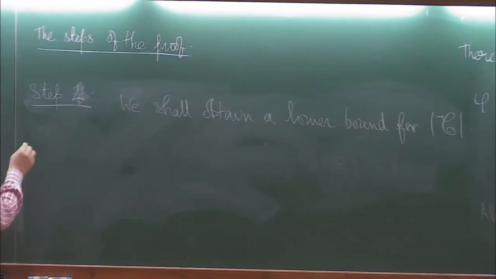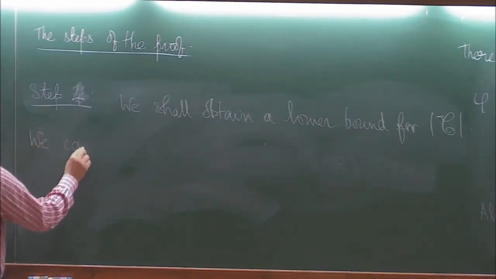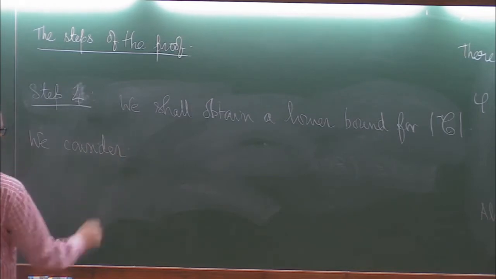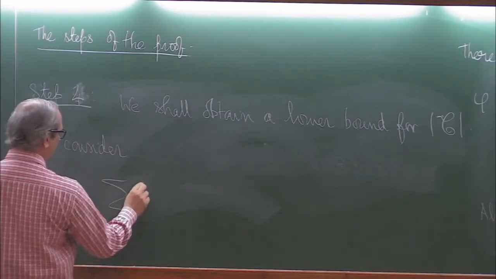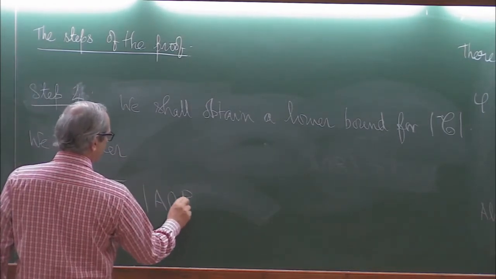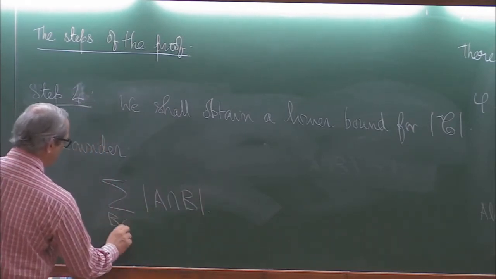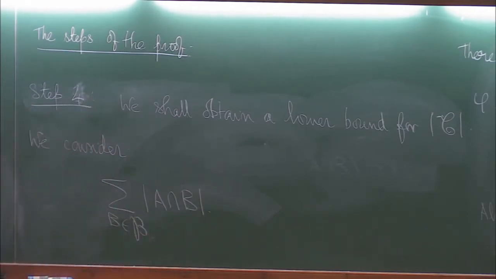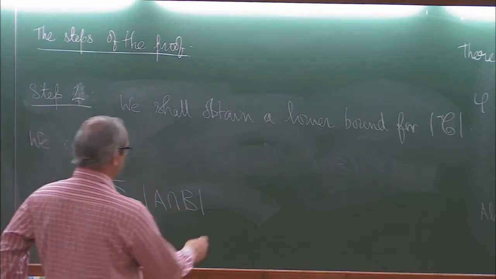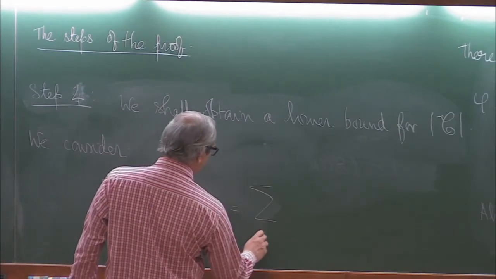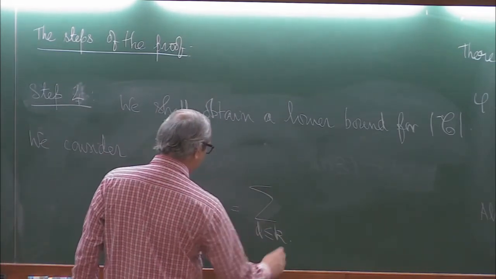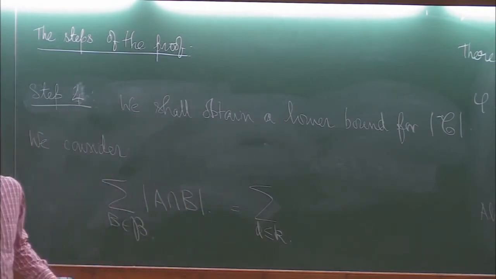Okay, we consider the sum of the cardinality of A intersection B, over B belonging to B. Now this can be written as the sum over d less than or equal to K, because B consists of arithmetic progressions of M terms of common differences less than or equal to K. So you can split this set into subsets based on the common difference.